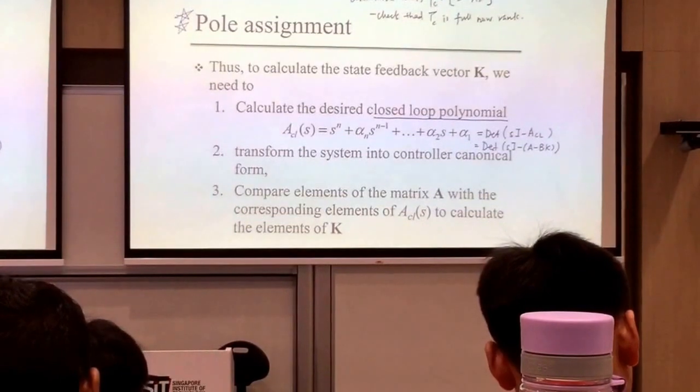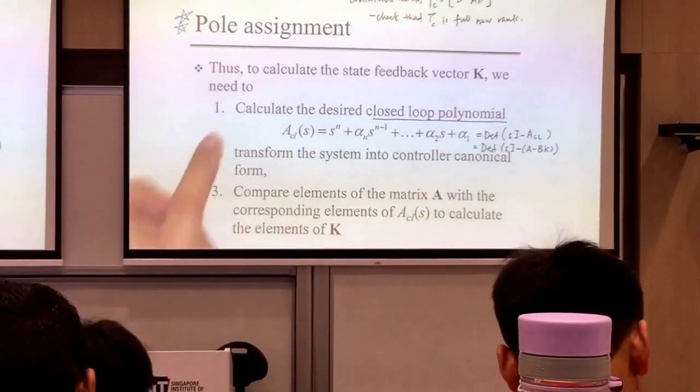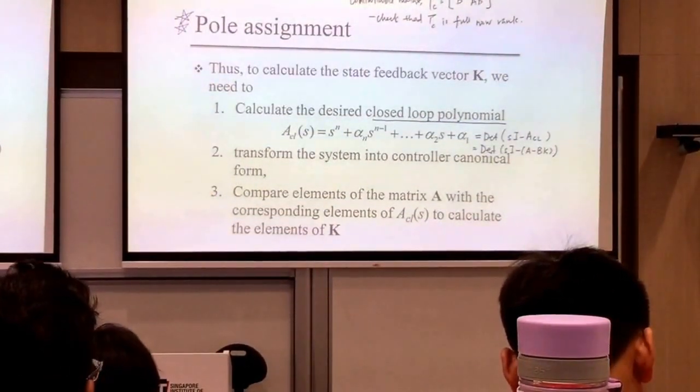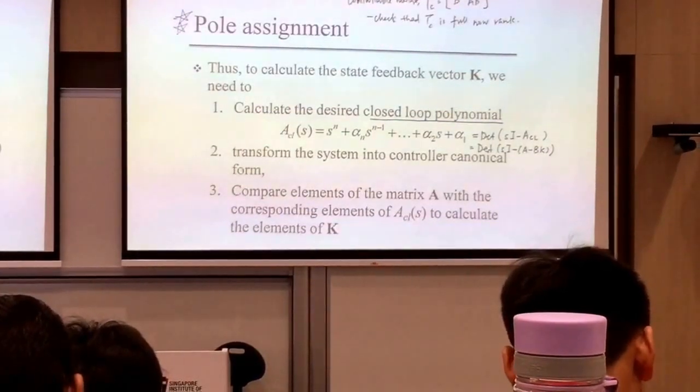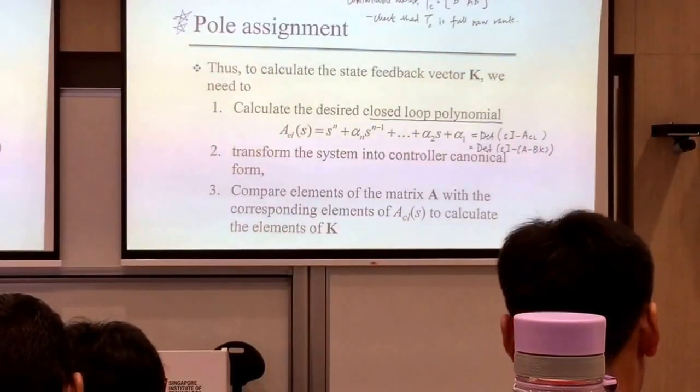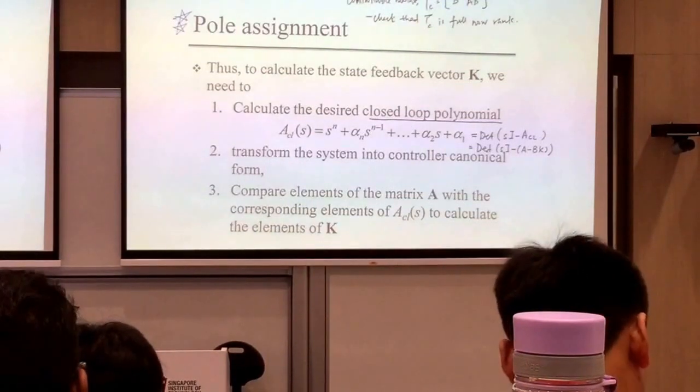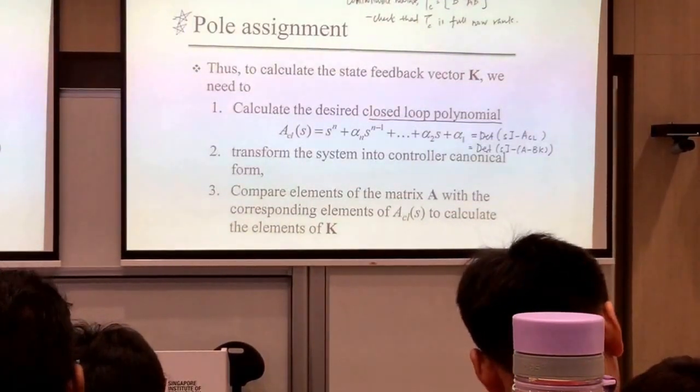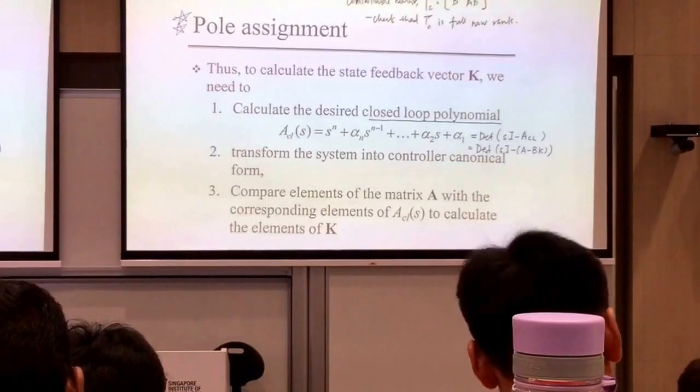This is theory. But instead of doing this, it requires 1 step, 2 step, 3 step, which is something that you never do in the exam. Okay? But this is the theory. So what is it that you do in the exam?